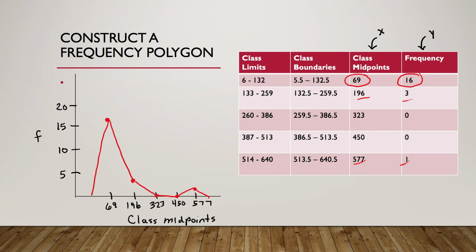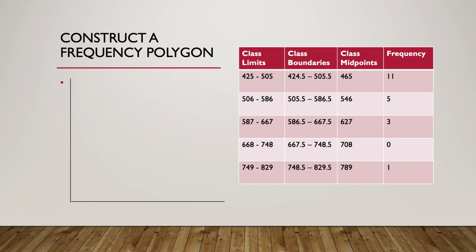All right, so I want to show you one more example of a frequency polygon. We're going to do exactly the same thing. Remember that the midpoints are going on the X and the frequency has the Y's. So we're going to mark off those 5 tick marks. Remember to leave a little extra space at the beginning. We're going to write the numbers underneath.